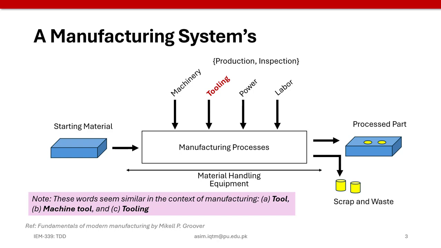Further, there are some inspection tools which help to check the conformance and quality requirements of the semi-finished or finished product. So particularly this course evolves between these two tooling components, production tooling and inspection tooling.